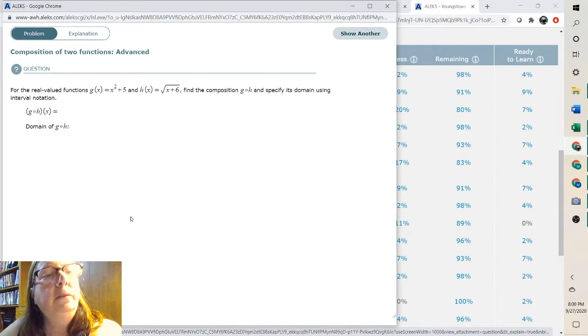So we have for the real valued function g of x equals x squared plus 5, and h of x equals the square root of x plus 6. We want to find g of h of x.